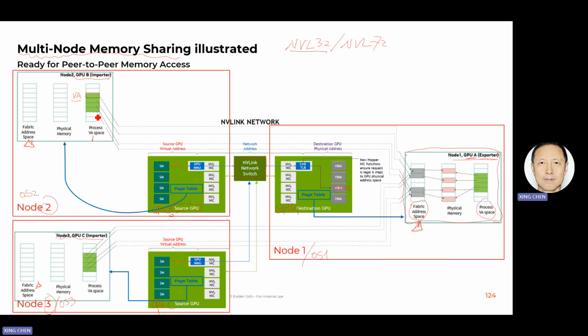If the data that this GPU wants to read is from its own memory, things are going to be very simple, because in that case, we are going to have the entry of this page table.